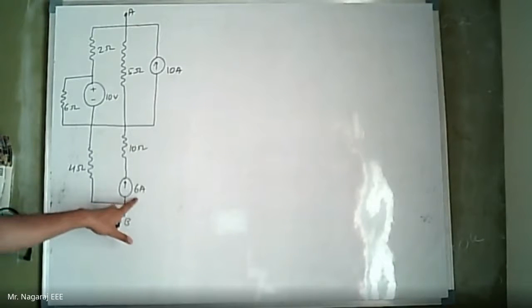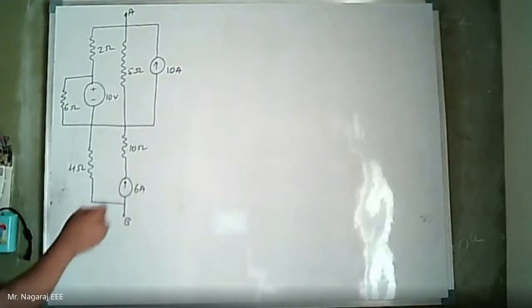Whenever we go for circuit reduction techniques, we generally do not consider the redundant elements or branches, which will not contribute for anything. Say, there is a current source of 6 amperes. It will flow in this branch.